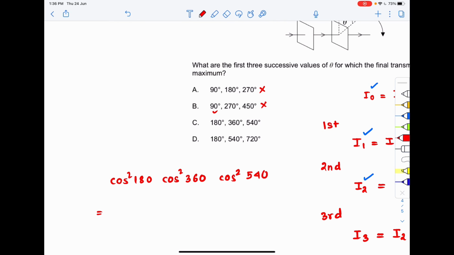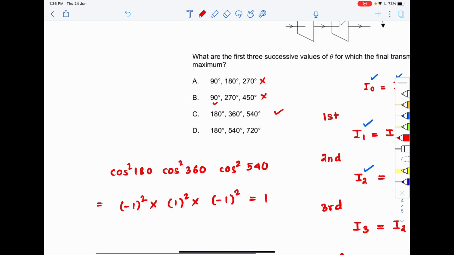Cos 180 is minus 1, so cos square 180 is minus 1 whole square, which is equal to 1. Cos 360 is 1, so this is equal to 1. Cos 540 is again minus 1, minus 1 whole square, so this value is equal to 1. So this can be the correct option.